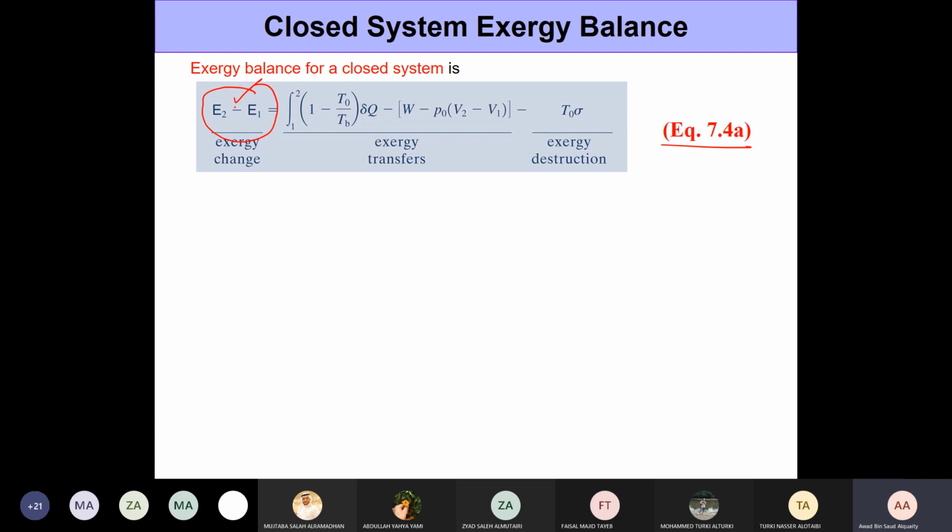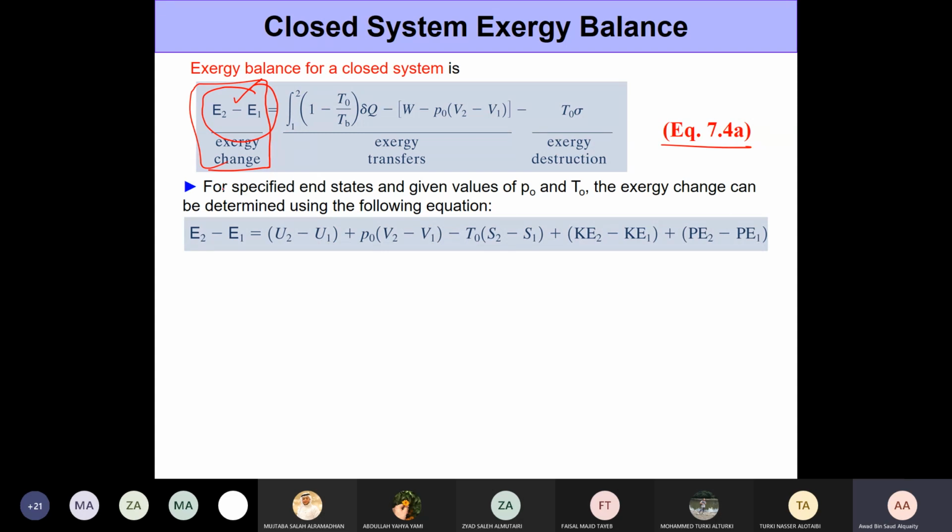So let's start with the first thing here, exergy change. Exergy change between any two states of a given system can be very easily calculated once you have the appropriate properties to define the state.